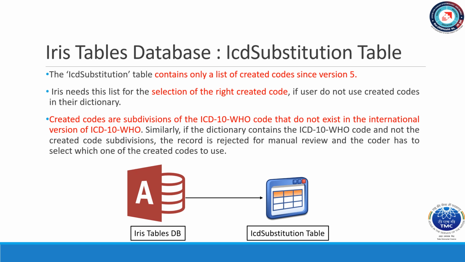Similarly, if the dictionary contains the ICD-10 WHO code and not the created code subdivision, the record is rejected for manual review, and the coder has to select which one of the created codes to use. One can avoid such requests of additional information and speed up the coding by using created codes in the dictionary.